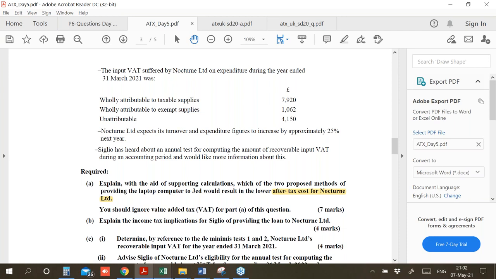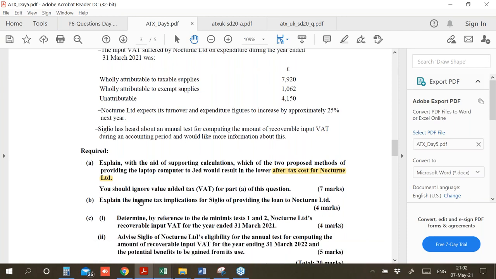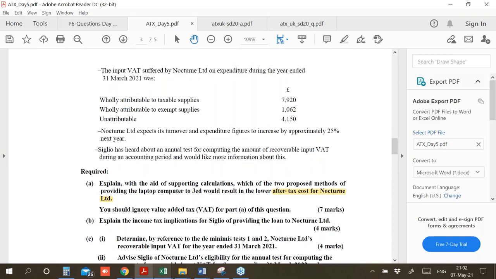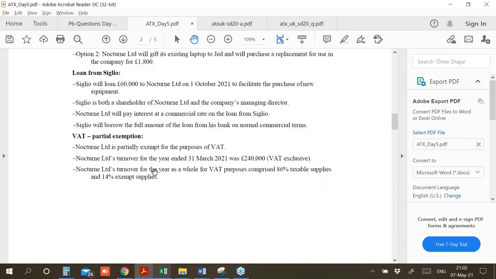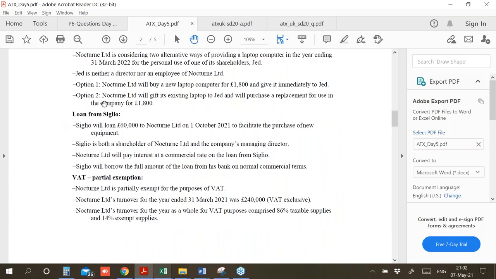Now, moving on, explain the tax implications of Siglo providing a loan to Nocturne Limited. So let's read about the loan from Siglo. Siglo will loan 60,000 to Nocturne Limited on 1st October 2021 to facilitate the purchase of new equipment.